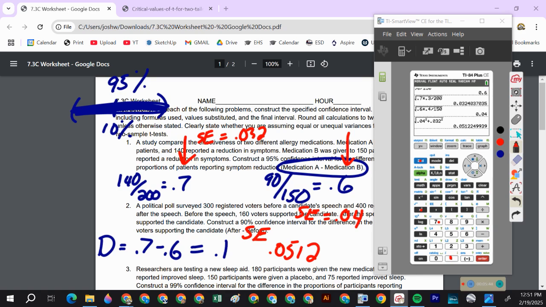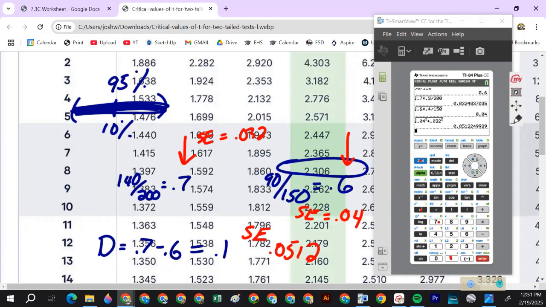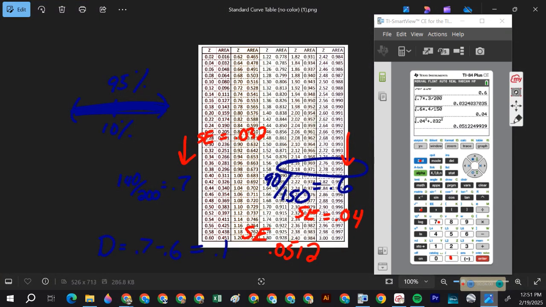Now I want a 95% confidence interval, and when you're doing proportion, we can use the z-table. So I've given you a z-table, and, oh, that's the wrong one. It's this one. So I want a central area of 95%.